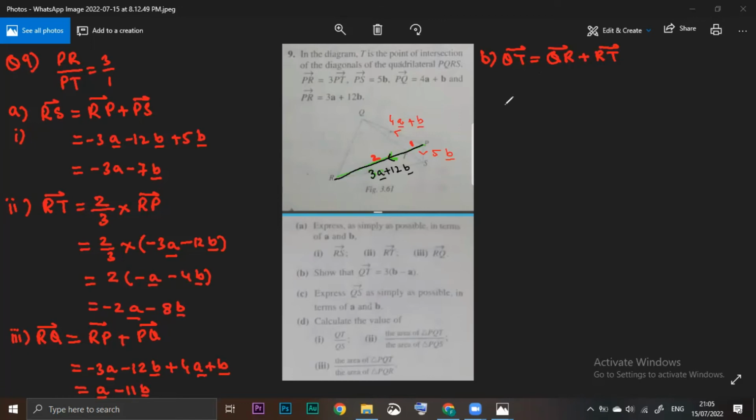QR is, we have the expression for RQ. When we convert this into QR, we have to put a negative sign with this. That is minus A plus 11B. Now, RT. What is RT? RT is minus 2A minus 8B.